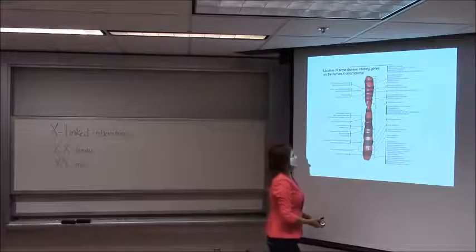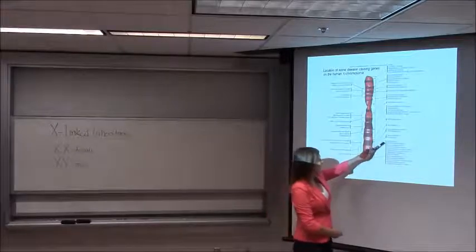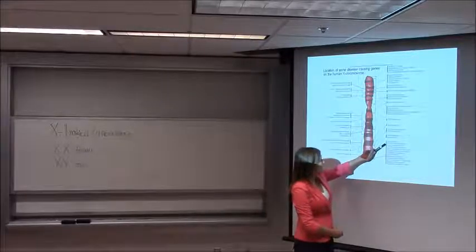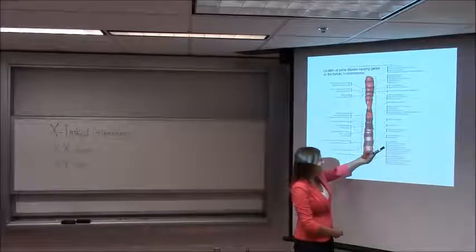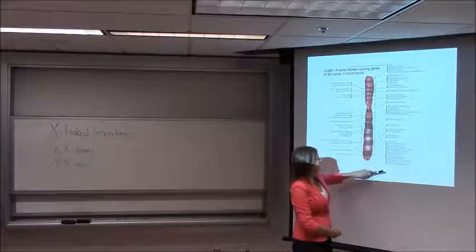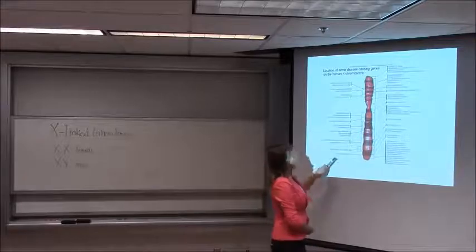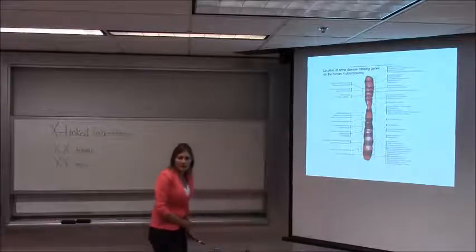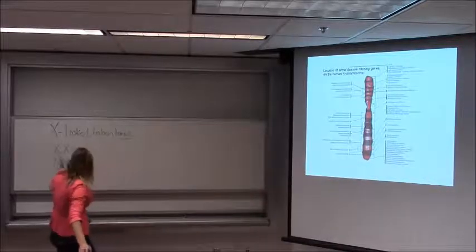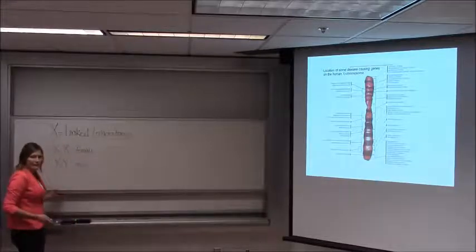Okay, so this list here: hemophilia type A, G6PD deficiency, drug-sensitive anemia, chronic hemolytic anemia, colorblindness. The list goes on and on. All of these disorders are carried on the X chromosome. Both males and females have an X.